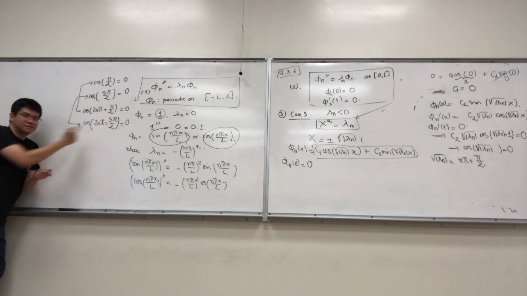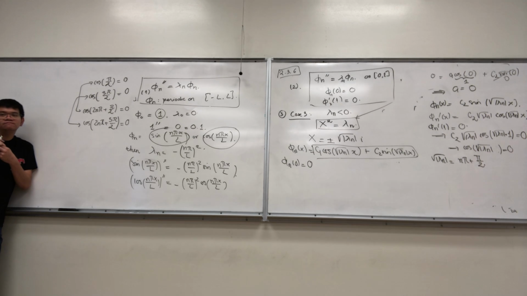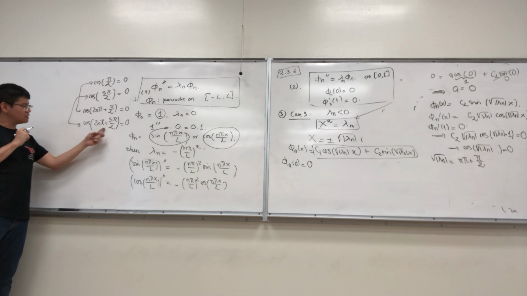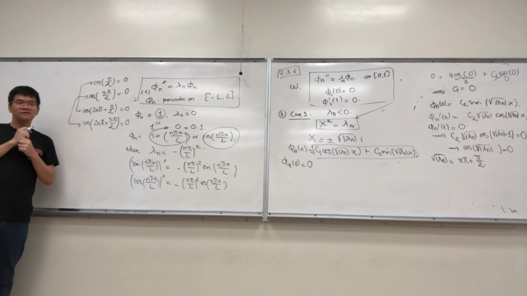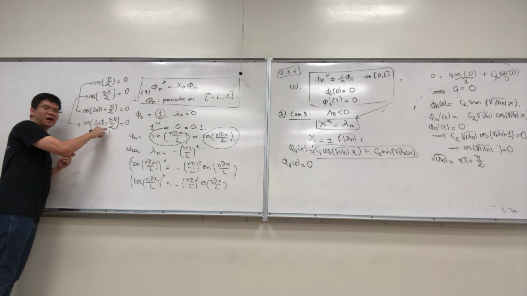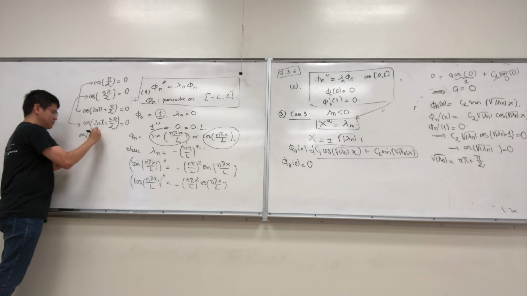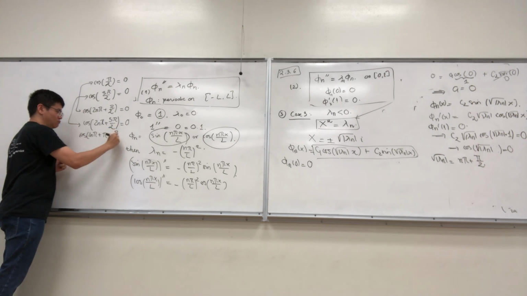So how can I write this in a different form? This is 2n pi plus pi over 2.